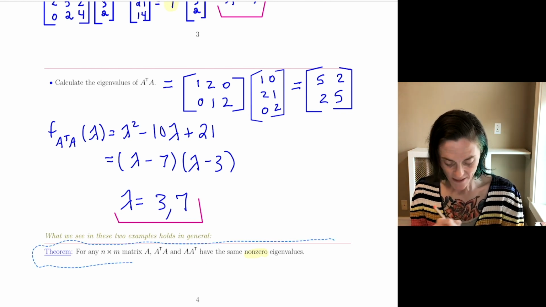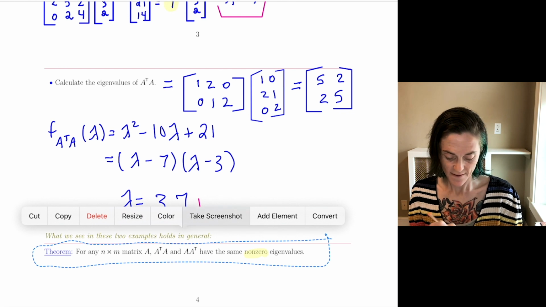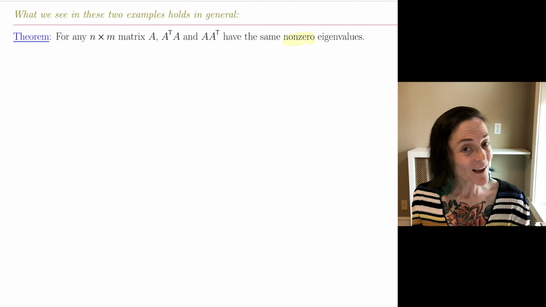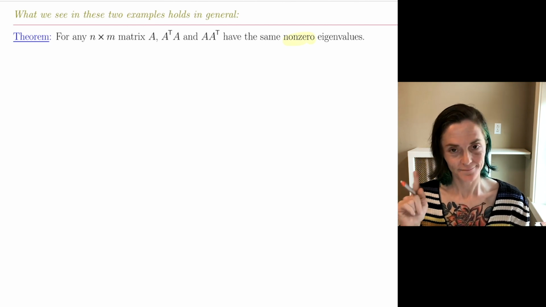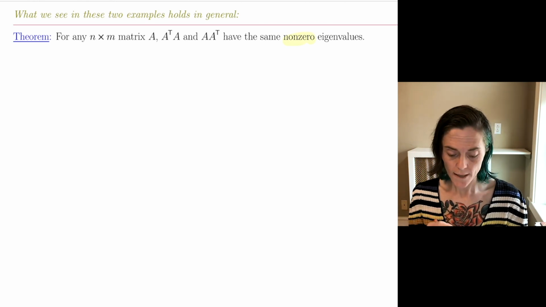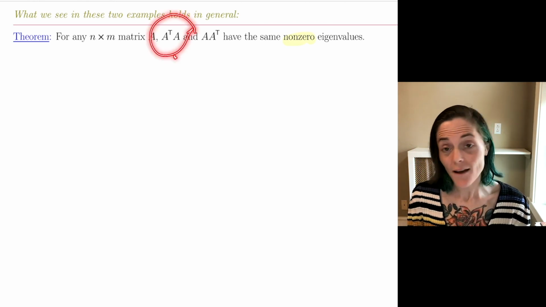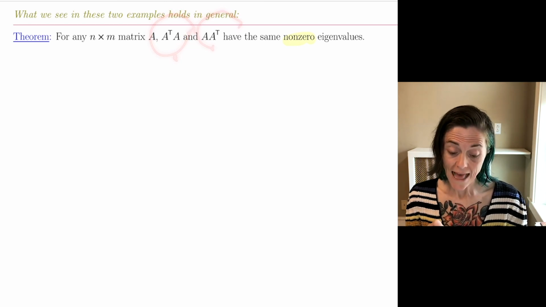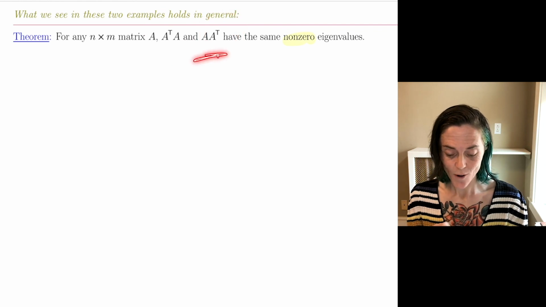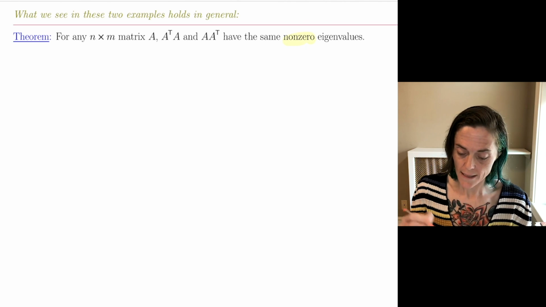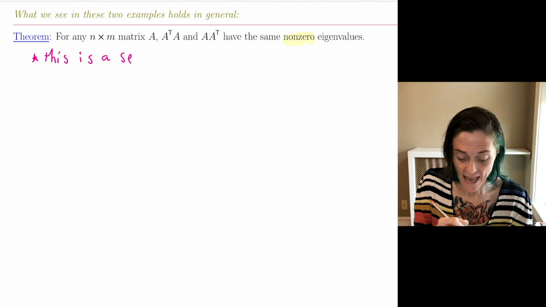Maybe to end this video, we will prove this theorem. So let's talk about the proof of this theorem. From a proof point of view, I'm trying to show the set of non-zero eigenvalues for this matrix is equal to the set of non-zero eigenvalues for this one. This will be a set theoretic proof.